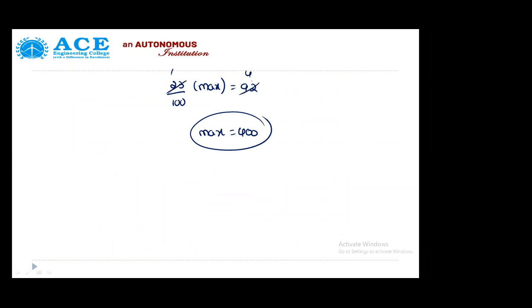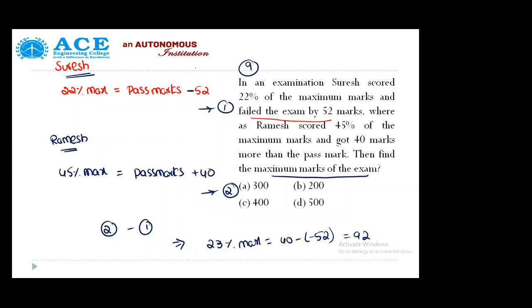So 23 by 100 of maximum is 92. I hope you got the maximum marks is 400. This is the question where you are getting an alert. You can't assume and go because you are doing subtraction here. Minus 52, addition plus 40 like that.